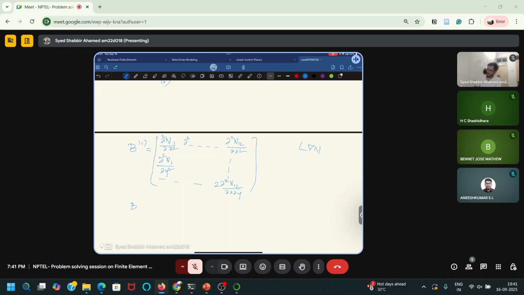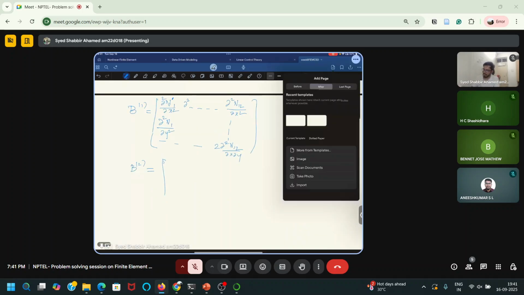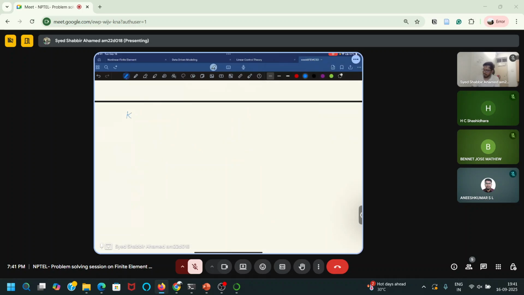Similarly, for element 2 you will get some B matrix, because element 2 will have different shape functions. You can write N1 of element 1 as N11, or you can avoid that. So you will get B1, B2, B3, B4. If you know B, then you can find the elementary stiffness matrix: for 1 it will be this, for 2 it will use B2, and for 3 it will use B3.